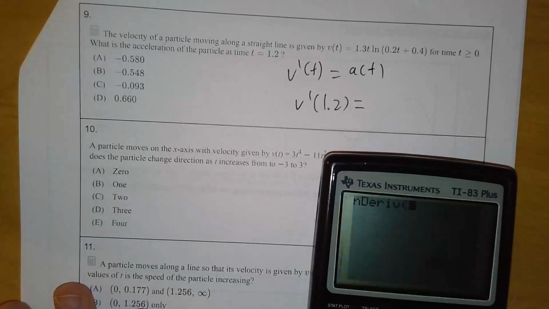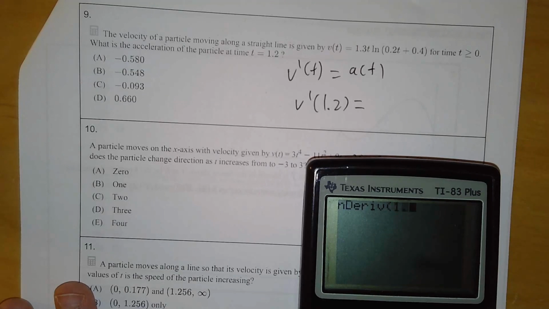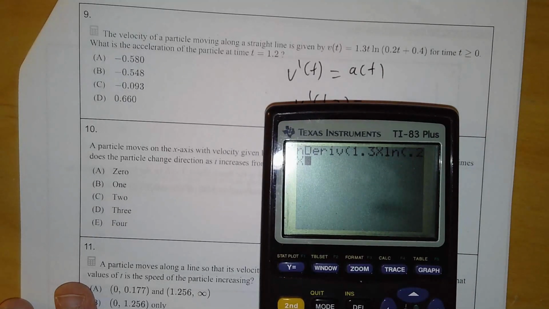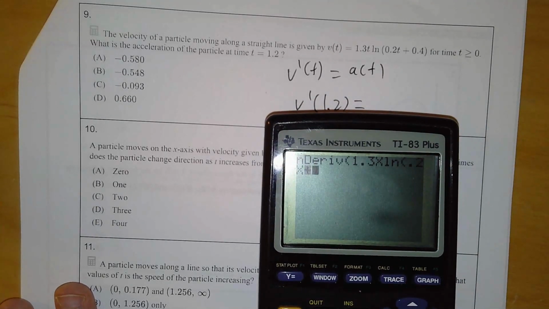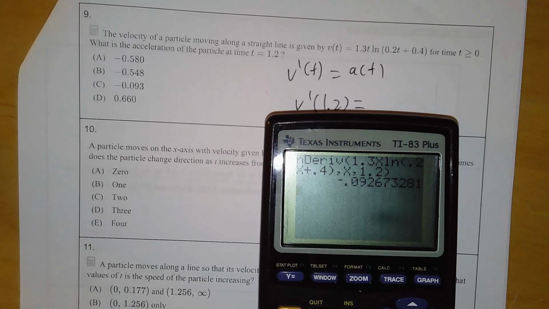Even if you did it wrong on the calculator, still your points. 1.3x ln 0.2x plus 0.4, close it, comma, x, comma, 1.2, enter. Negative 0.093, which I see right there.